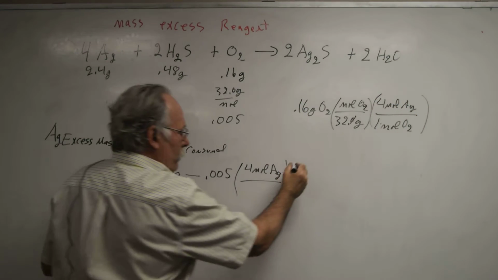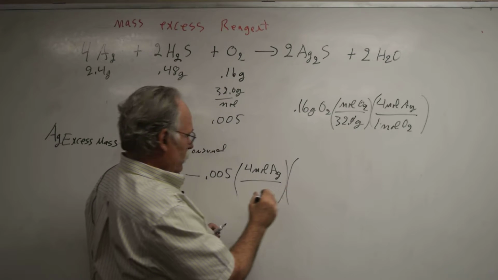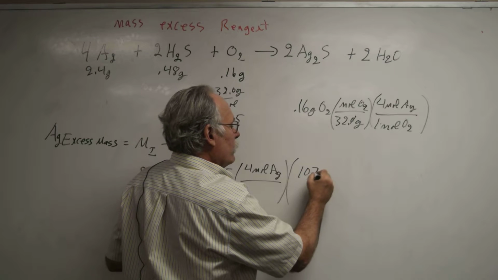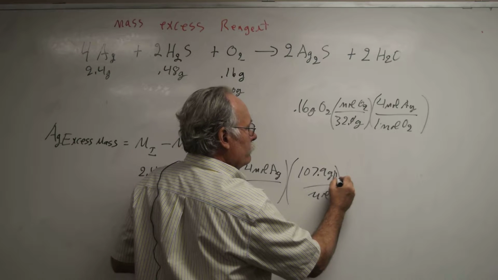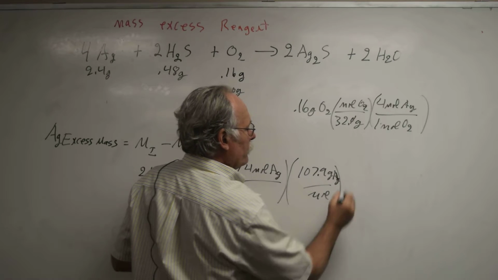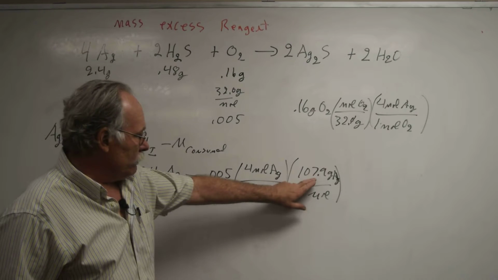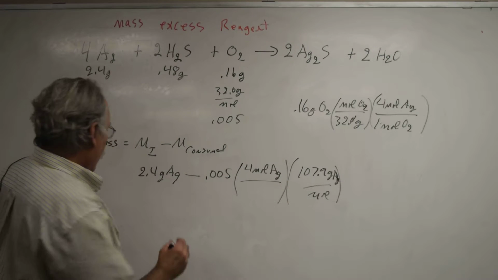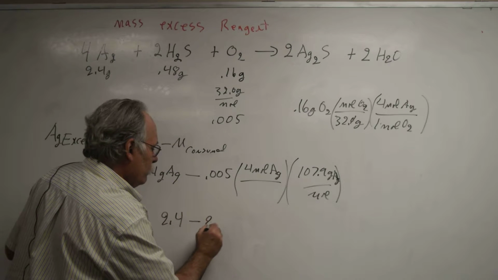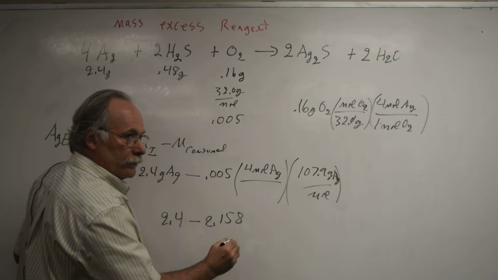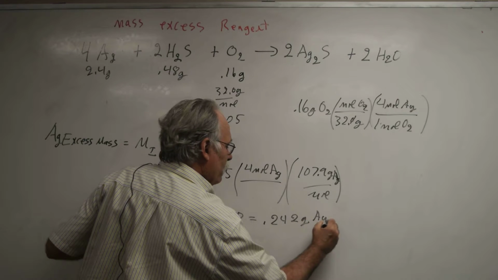Silver has a molar mass of 107.9 grams per mole. Now if I take my 0.005, multiply by 4, multiply by 107.9, I get 2.4 minus 2.158, which equals 0.242 grams of silver left over.